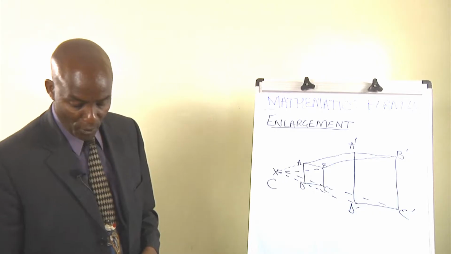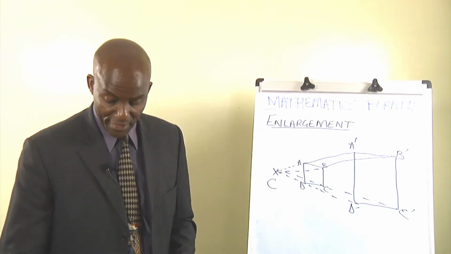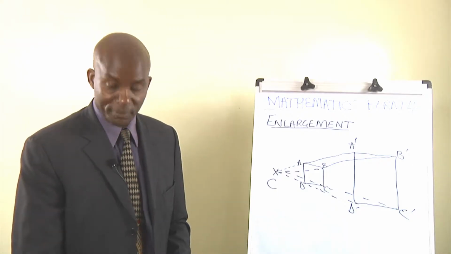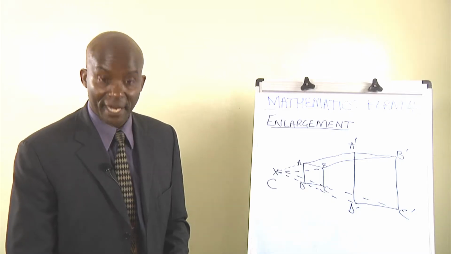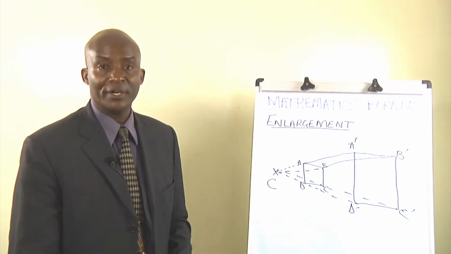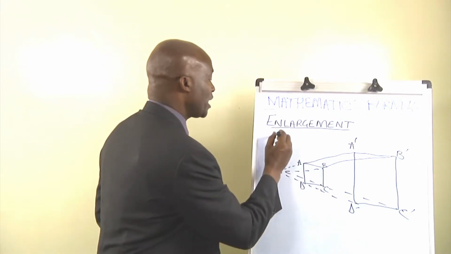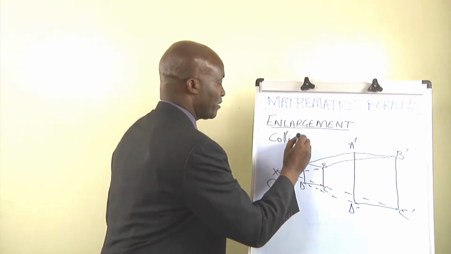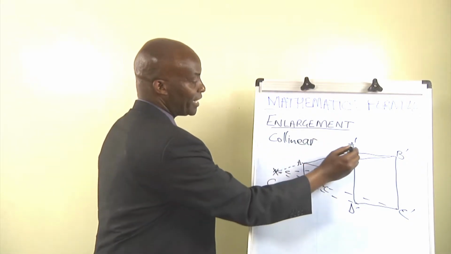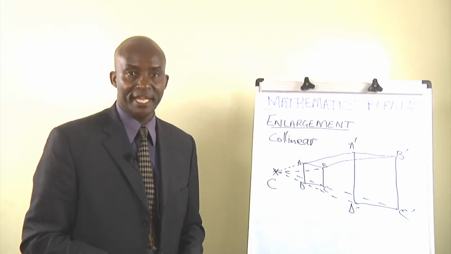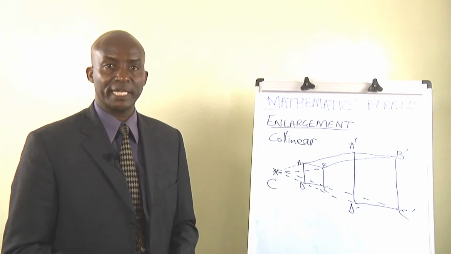And that is the first property about enlargement. We say that the object point, its image, and the center of enlargement are all in the same straight line, or they are collinear. The center of enlargement, object point, image point are collinear. That is a very important property, especially when it comes to scale drawing.